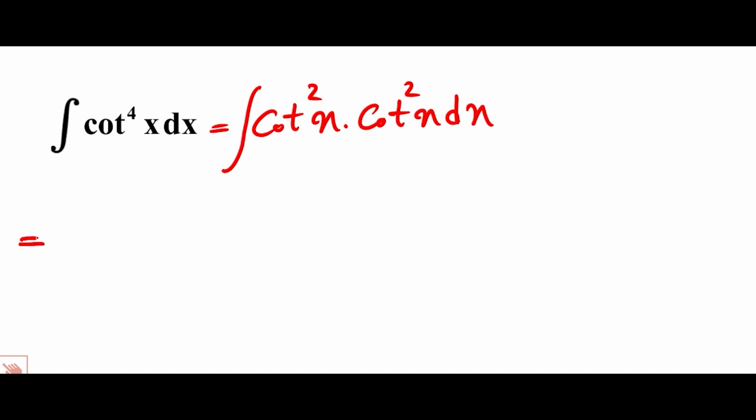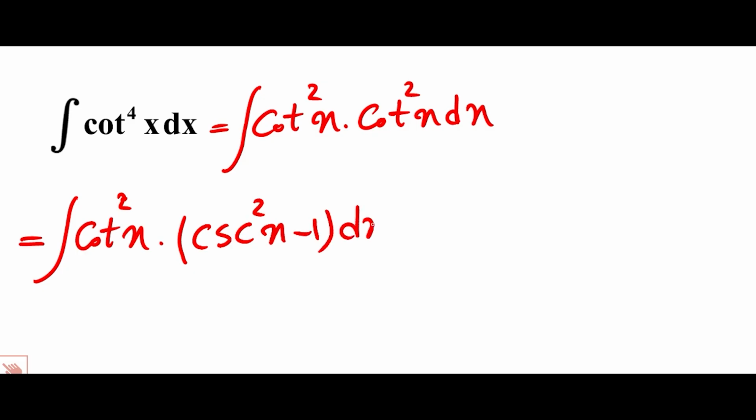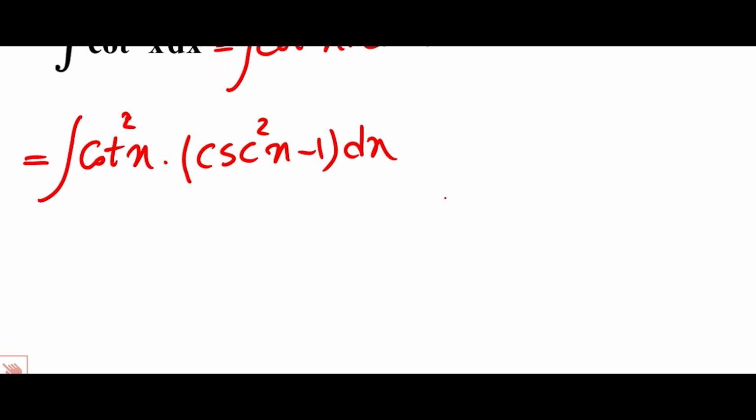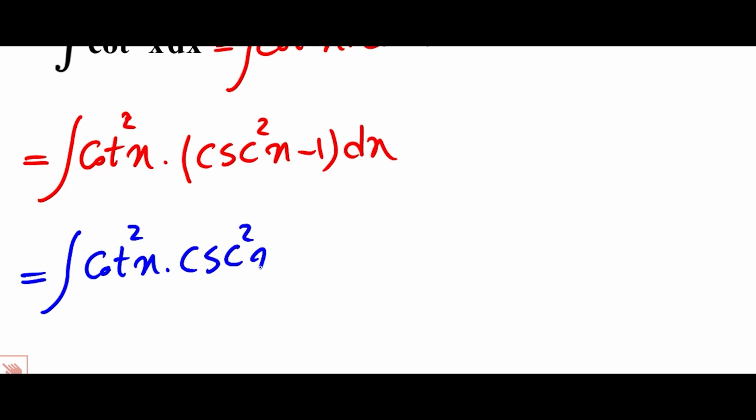So we have the integral of cotangent squared x times cosecant squared x minus 1 dx. If we expand this expression, we have the integral of cotangent squared x times cosecant squared x dx minus the integral of cotangent squared x dx.